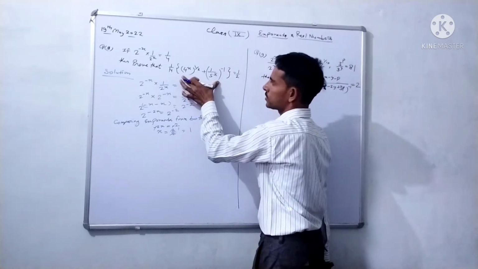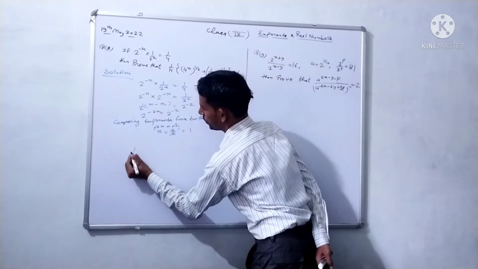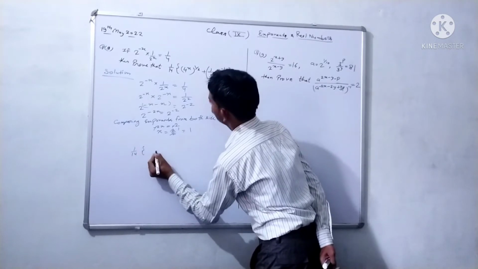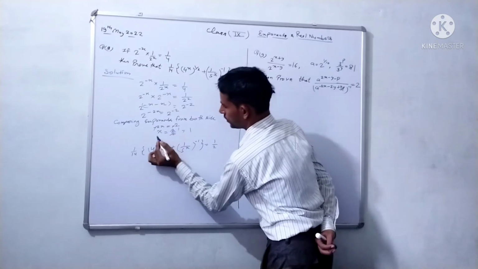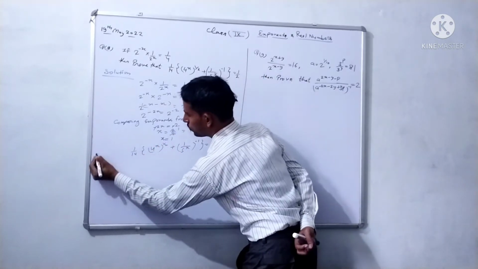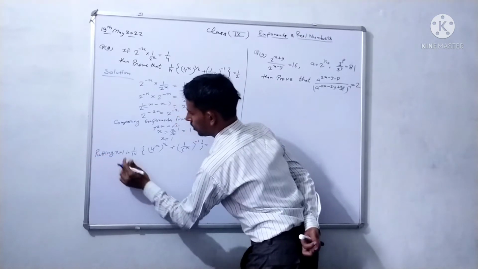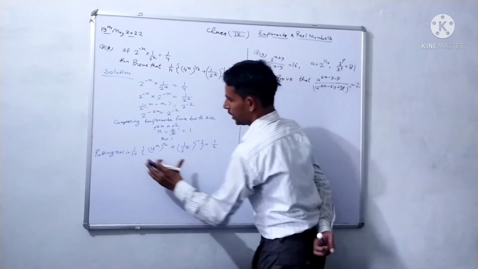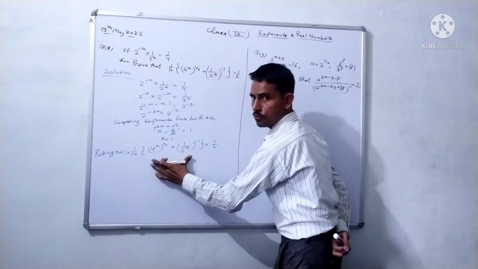Now we have to prove this. So take 1 upon 14 into the expression equal to 1 upon 2. Putting x equal 1 in this question, with the help of this value x equal 1 we can prove this.